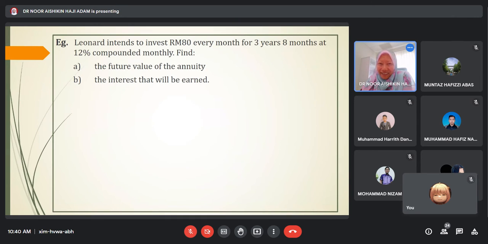Want to try this? Leonard intends to invest 80 ringgit every month for 3 years, 8 months at 12% compounded monthly. So, 80 ringgit is R. When do you invest?